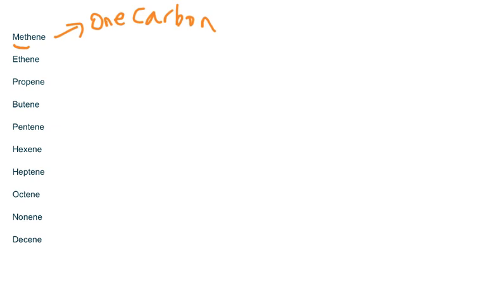Because as we know, if we drew ethene like this, these would be hydrogens, and the main bond we have to focus on is the double bond. So we would draw a double bond here, right? That's the least number of carbons we can have in order to use the "-ene" suffix. So that's why there's no methene that we're going to go over when we start talking about alkenes. So this table actually starts from ethene.